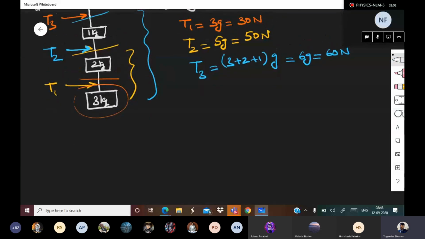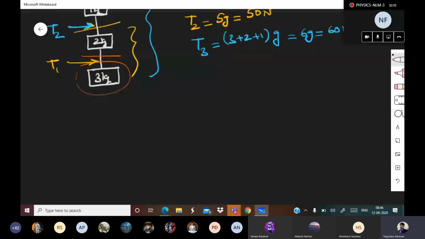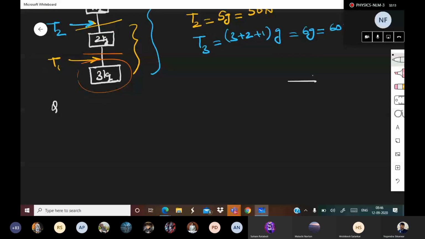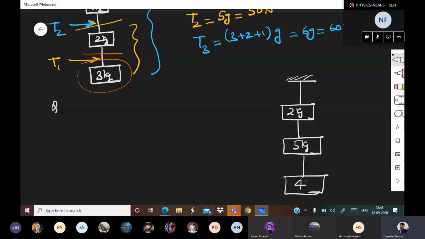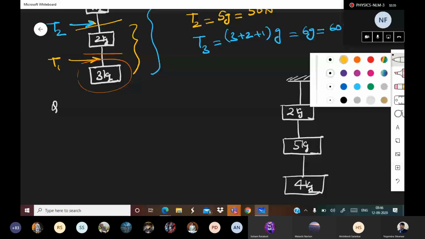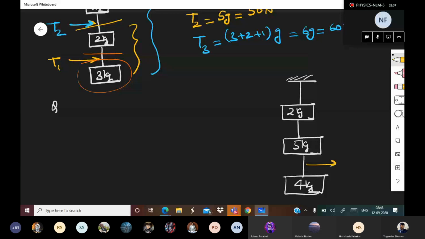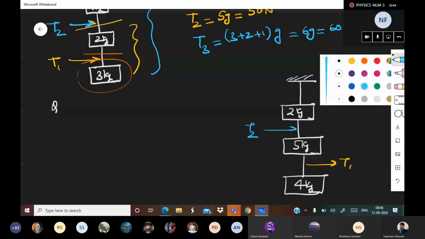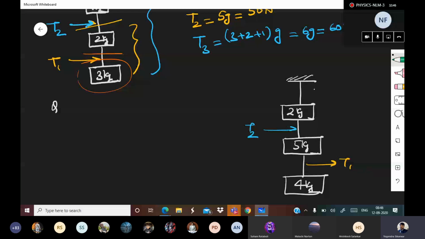I hope you all have noted. Find T1, T2 and T3.